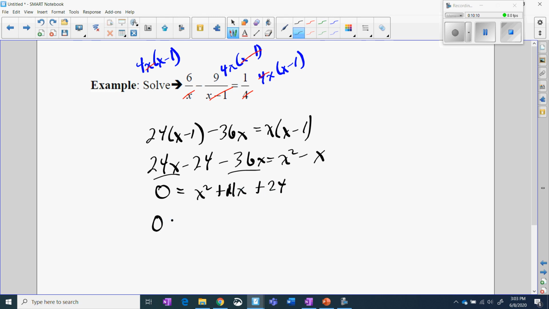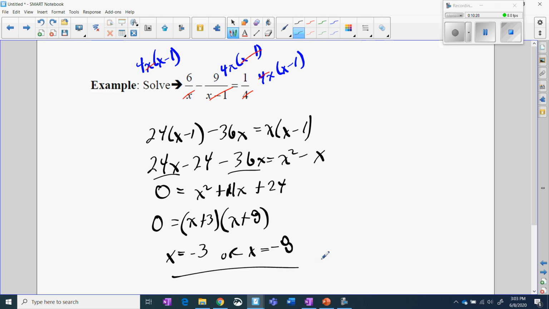Yes, there are. They would be 8 and 3, x plus 3, x plus 8, giving me two answers. X could be negative 3, or x could be negative 8. So the strategy is clear all fractions first.